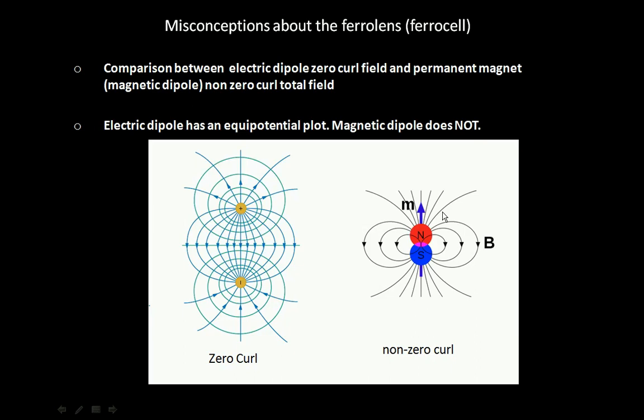Therefore, because a magnetic field has a non-zero curl field, it cannot have equipotential lines. Okay, and here, just to clarify, it doesn't mean that at this point the field strength is the same as at this point here.